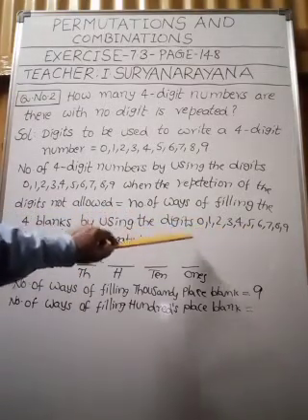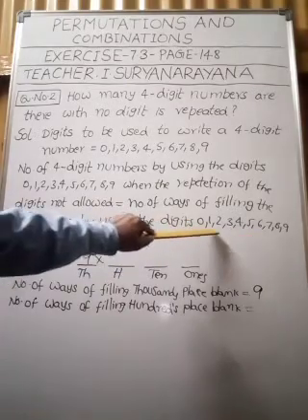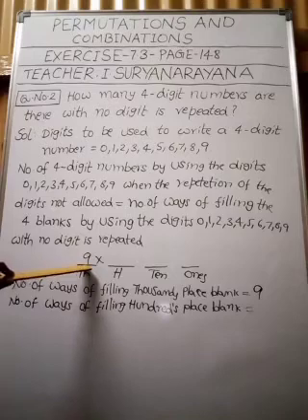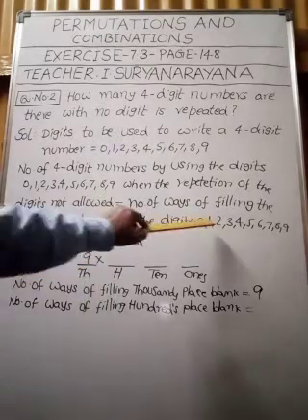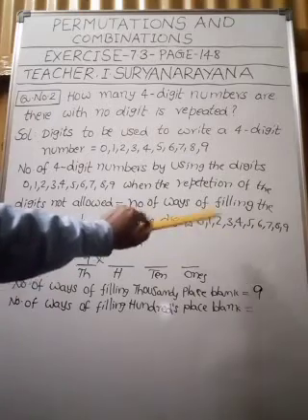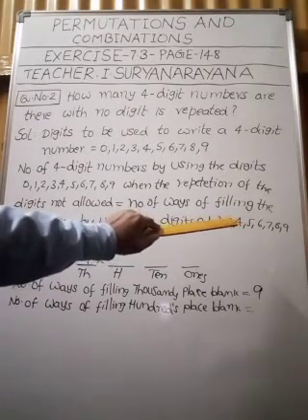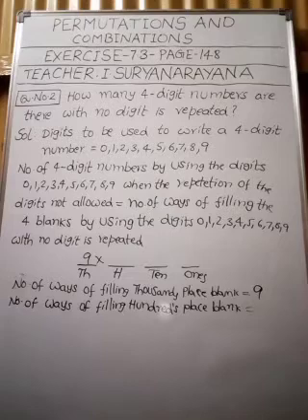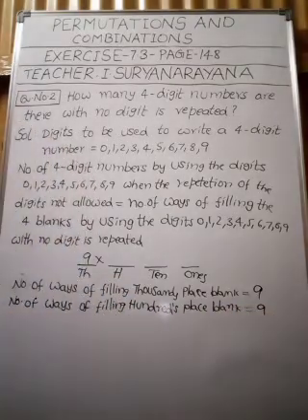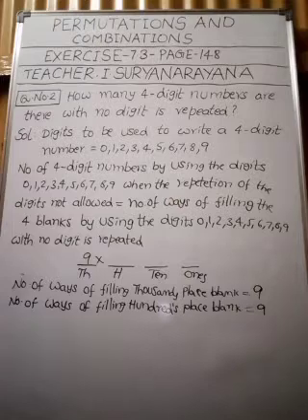Yes or no, my children? Total 10 digits are there. Out of 10 digits, we have used 1 digit in this blank, except 0. So how many digits will be left? Yes, 9 digits will be there. So this hundreds place can be filled by the remaining 9 digits. Yes or no, my children?